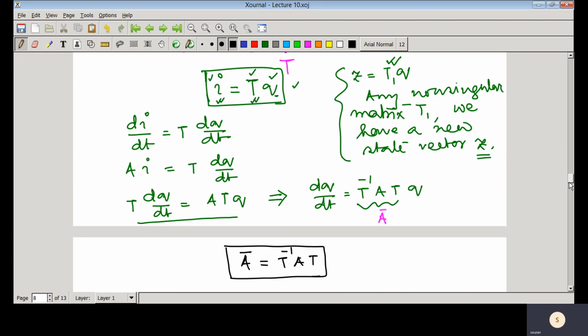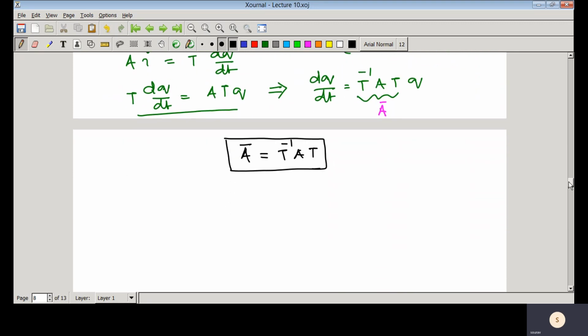So now you can also establish that A equal to, if you multiply with T from left and T inverse from right, T A bar T inverse.